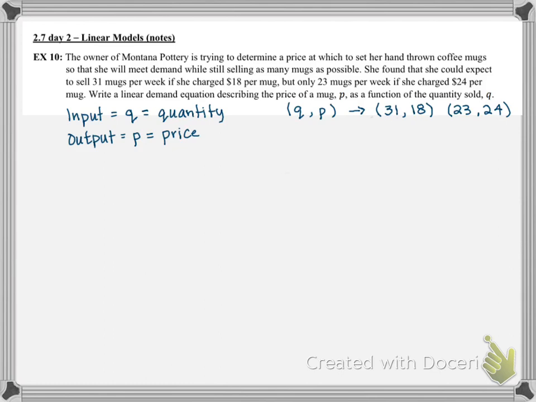And now we're right back where we were on Friday, right? We have 2 points, we can find our slope, and then we'll write an equation. So M equals 18 minus 24 over 31 minus 23.